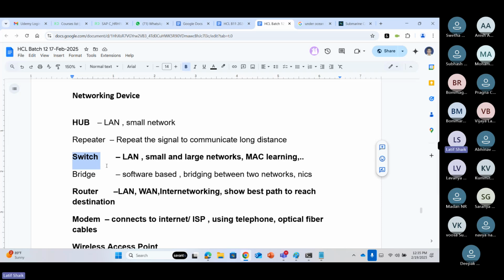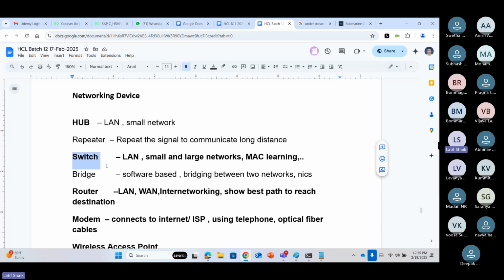Next, repeater. A repeater is not used for connecting devices. A repeater actually repeats the signal. So you are sending data over a longer distance, and your destination is located more than 100 meters away, like 150 meters.